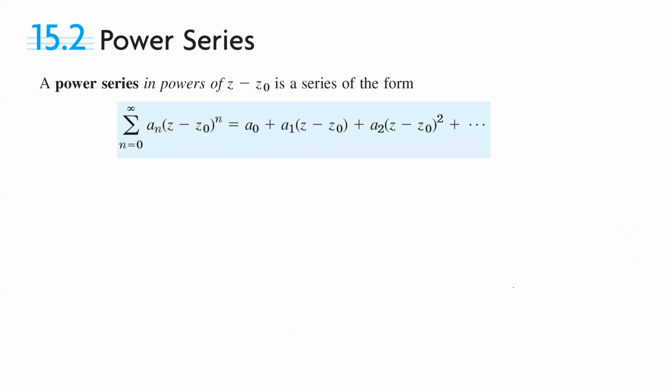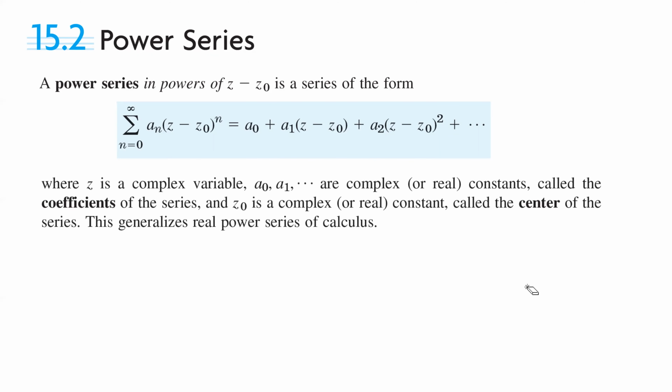Now, power series, 15.2. What are power series? Power series are the same as in real calculus. You can write them as the sum of an times (z minus z naught) to the power n. In real calculus, we had an times (x minus x naught) to the power n. So z is a complex variable.